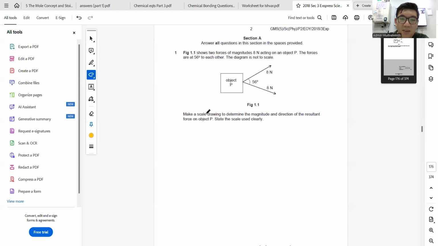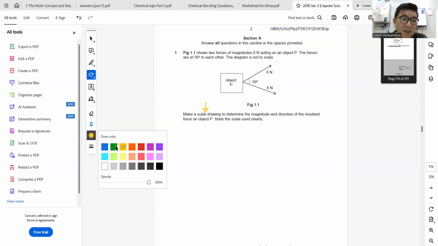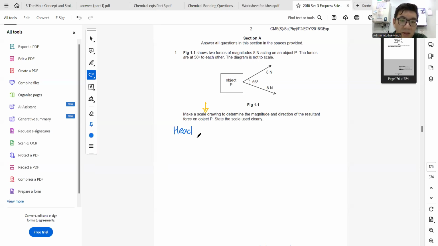So when it comes to scale vector diagrams, there are two types. One is the head to tail, which will look something like this. For example, the shape goes like this.